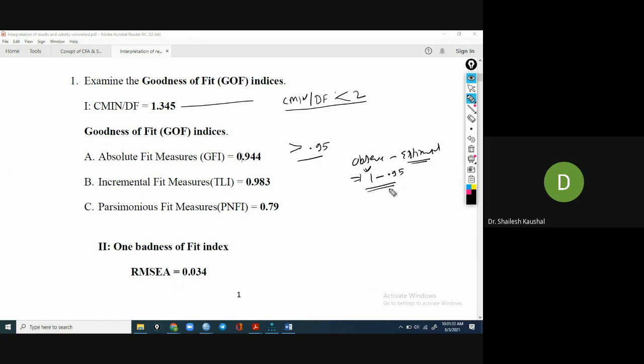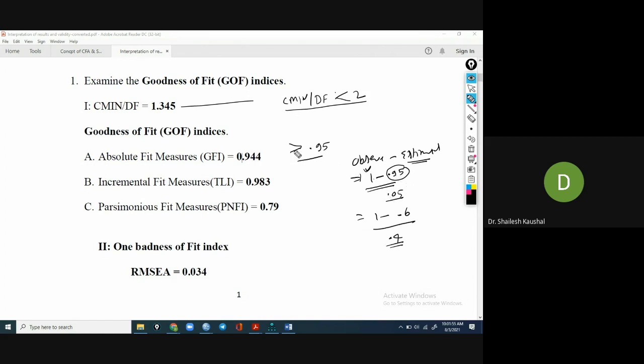It means less error; the error is only 0.05. If this value is away from this, like 1 minus 0.6, then the error is very high. 0.4 error is 40% error, which is not good for our model.